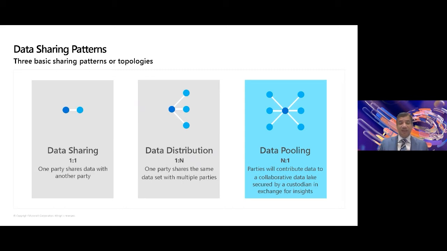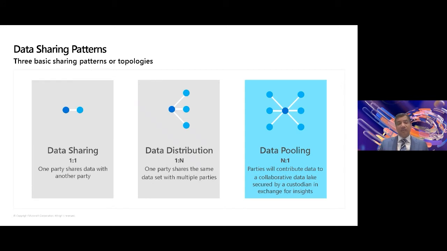Second one is around data distribution, where one party shares the same data set with multiple different parties. And the third one is around this notion of data pooling, which is an N:1 data exchange, where multiple parties contribute to a collaborative data lake secured by a custodian in exchange for insights.